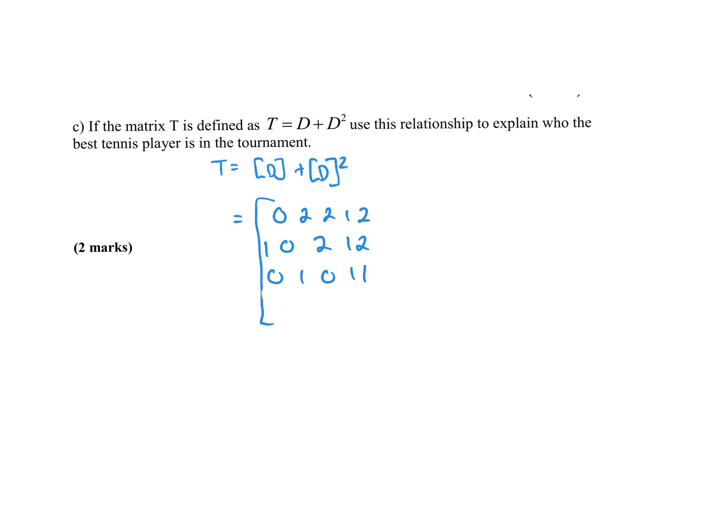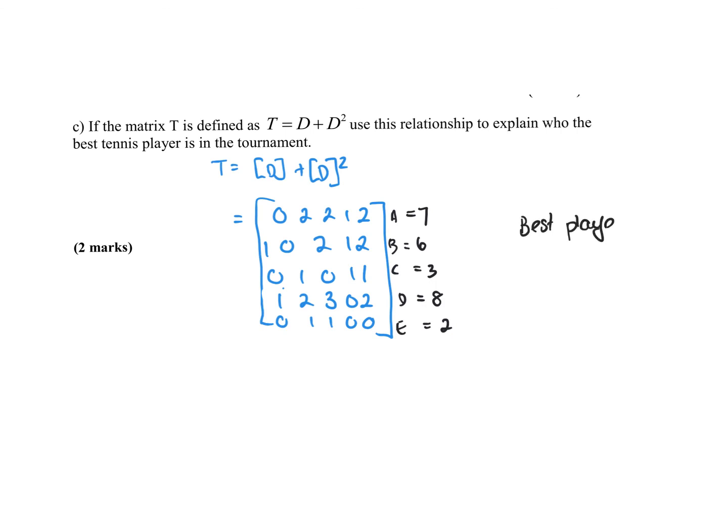Remember this was A, B, C, D, E, and then you can work out their totals. The total for this one is 7, this one is 6, this one's 3, this one's 8, and this one is 2. So who's the best player? Best player is D.